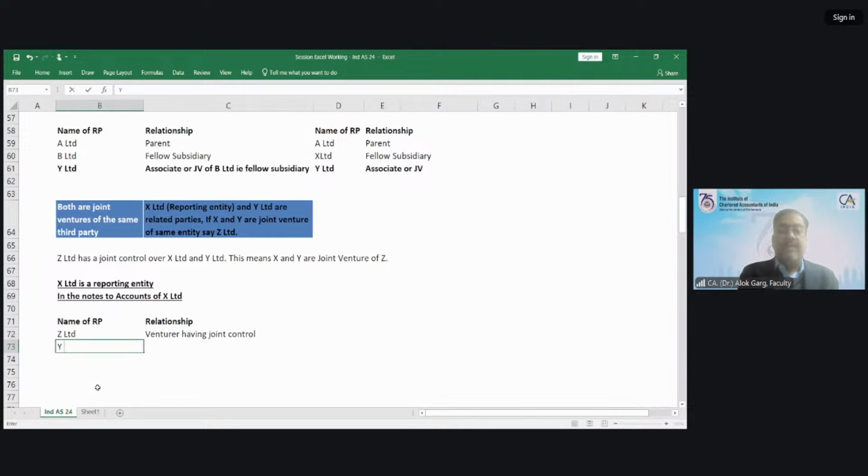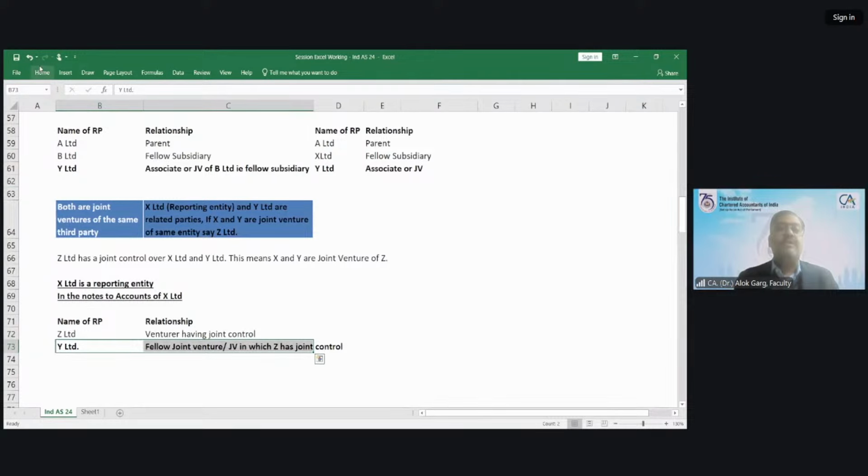What about Y Limited in the books of X Limited? Fellow joint venture. You can write fellow joint venture, or you can write joint venture in which Z has joint control, meaning the venturer has joint control. So this entity will become a related party. Is that clear?